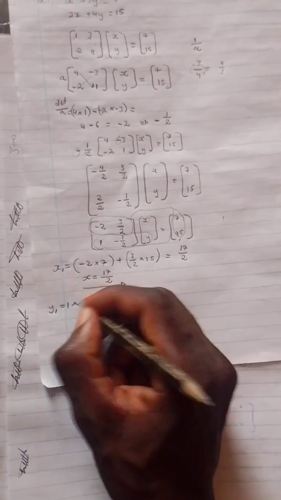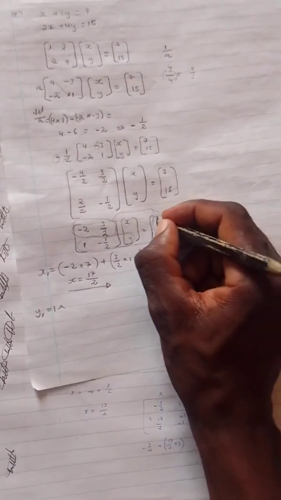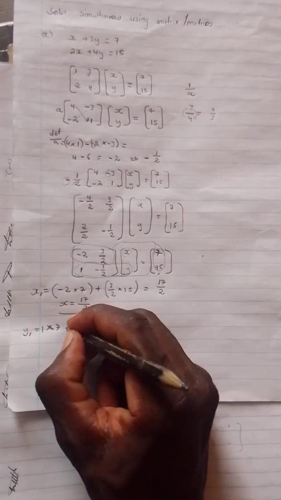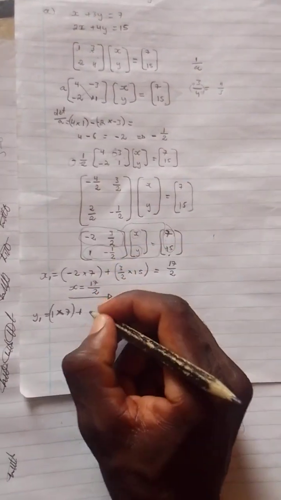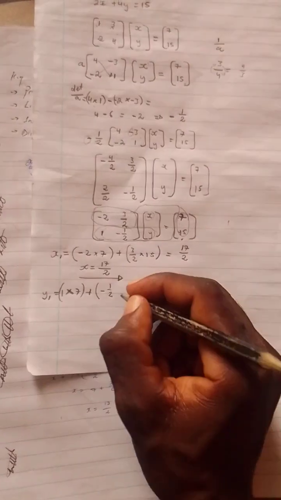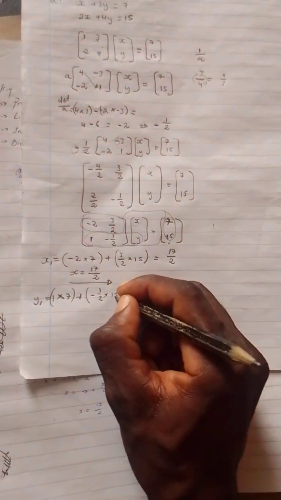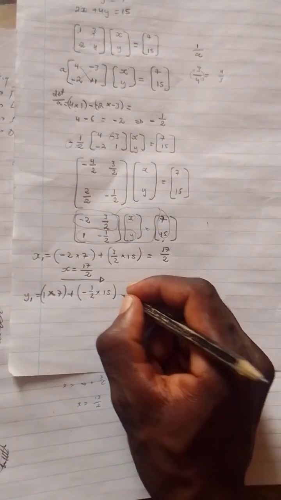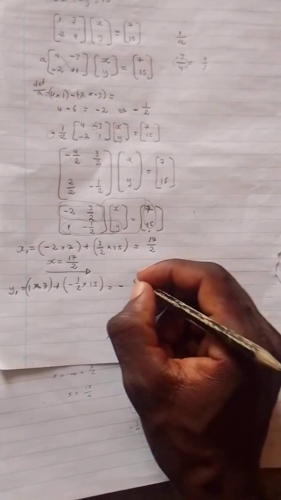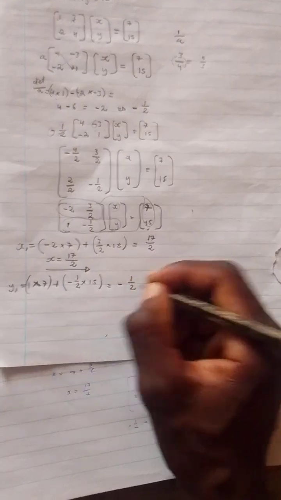Then we said 1 times 7, right? Plus, use your bracket, plus -1/2 times what? Times 15, and then you punch your calculator, and then it gives you -1/2.